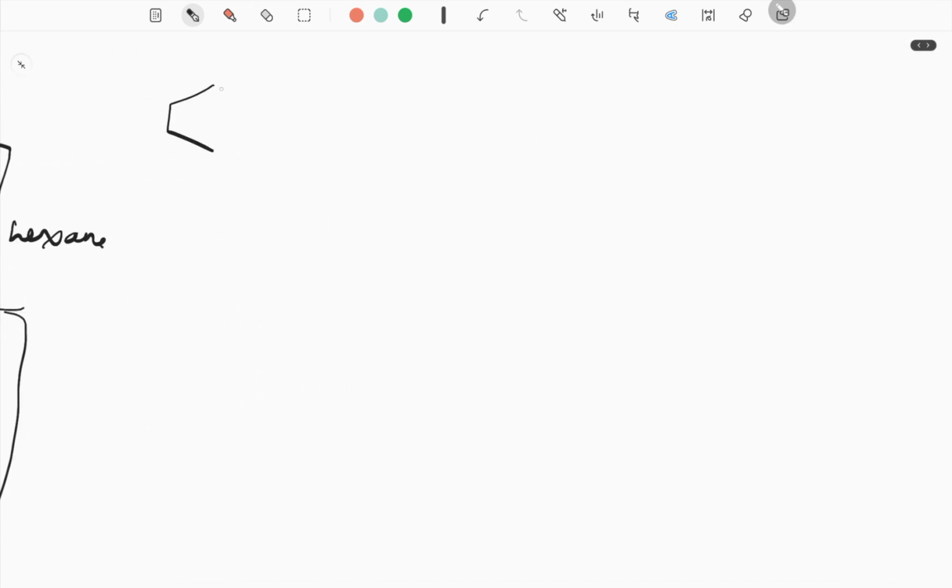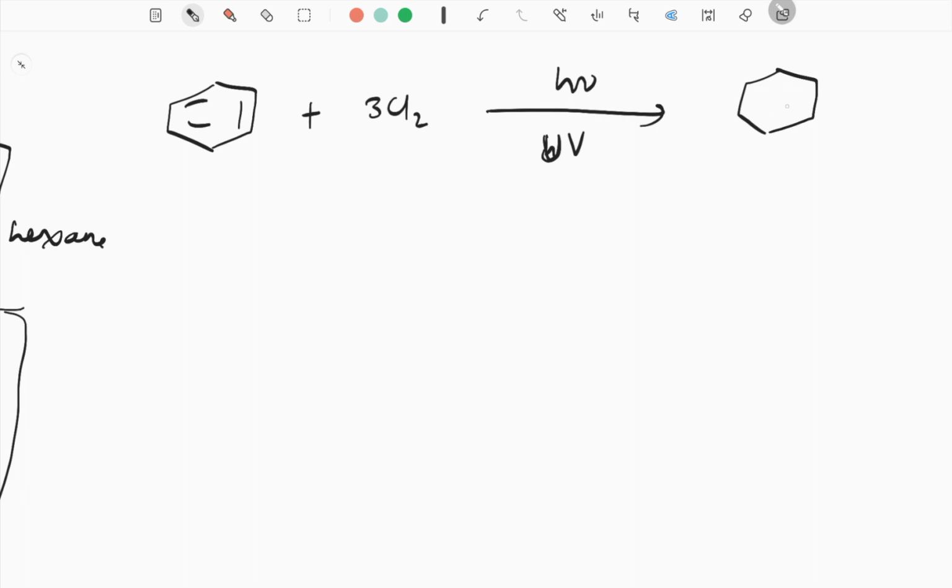Next, you can add halogens also, like Cl2 chlorine in presence of h nu, that is light or UV radiation. Then Cl will add at each corner like this.